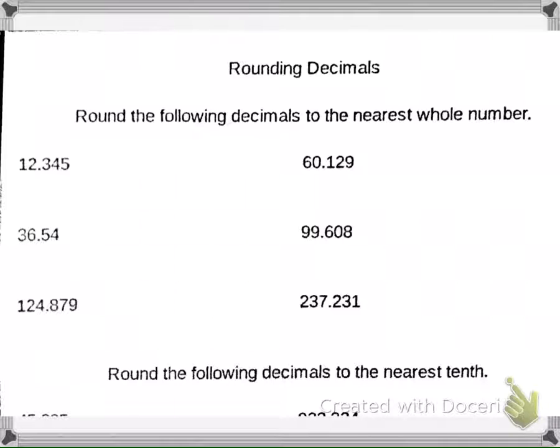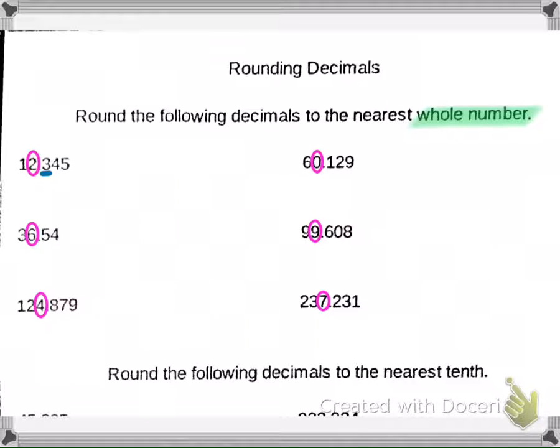In this case, we need to pay attention to the directions. We want to round to the nearest whole number. So if we're thinking about the balloon or the truck or whatever, we are going to be looking at the whole number, and that's the ones place. So I went ahead and circled all of my ones place, pretend that's the balloon. And if that's my balloon, that means that the number behind it is going to tell me how to count.